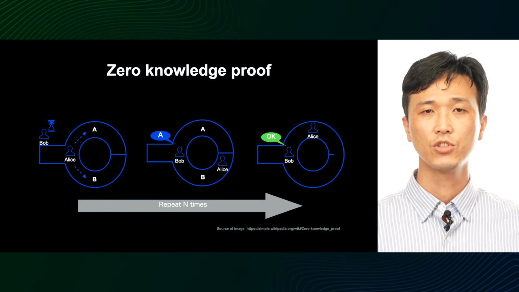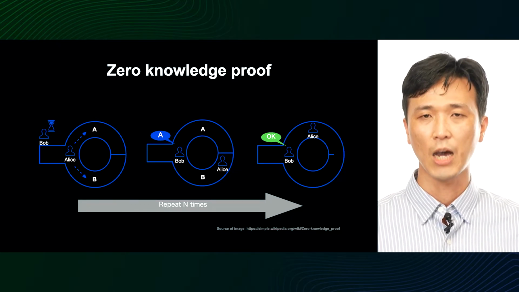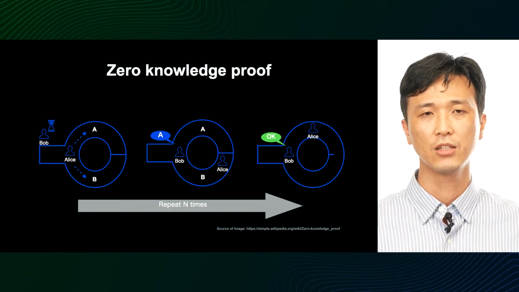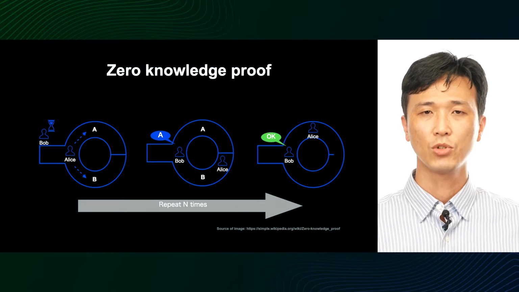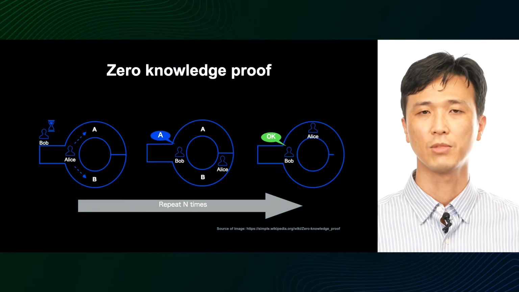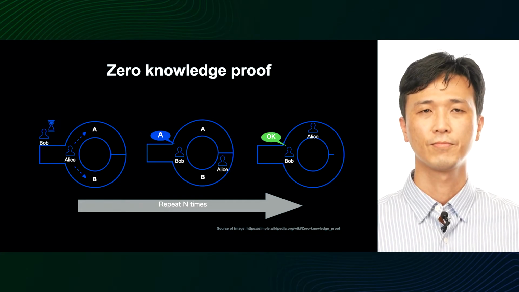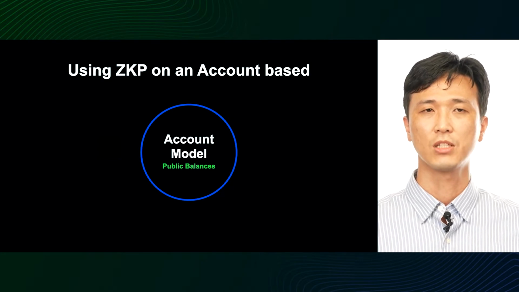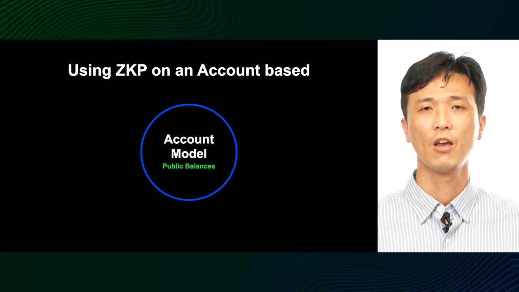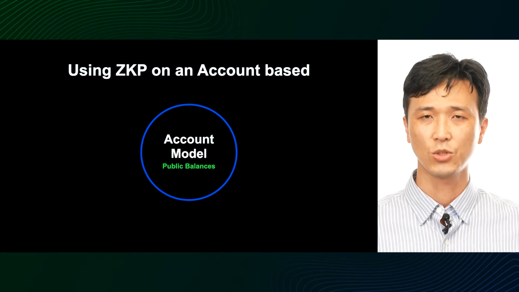So if you use zero knowledge proof, you can validate it with an encrypted method. So I will just call it ZKP for short. We use ZKP on LINE Blockchain.